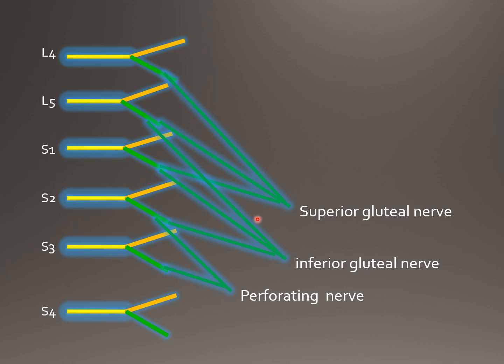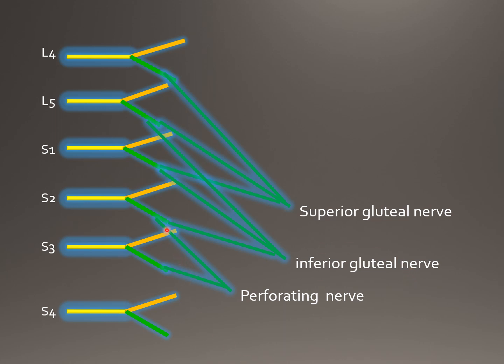The next branches arise from the dorsal branch of ventral rami of L5, S1 and S2. Dorsal branch of L5, S1 and S2 gives inferior gluteal nerve. This nerve comes out below the inferior border of the piriformis muscle and it is going to supply the gluteus maximus muscle.